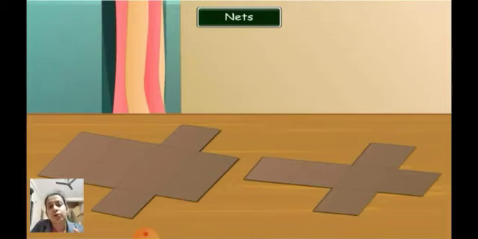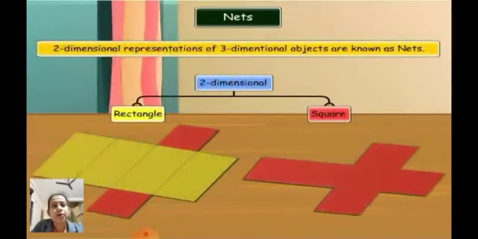So if you want to make a three-dimensional object like a box, you first need a two-dimensional plane for making that object.